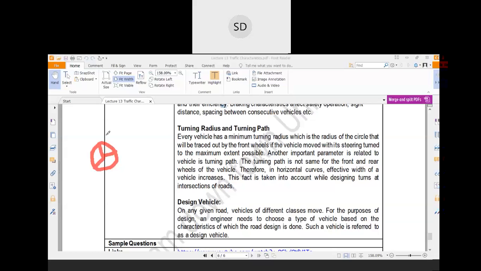Suppose you turn the wheel in the clockwise or anti-clockwise direction to the maximum limit. What will happen in that case? The vehicle will start moving in a rounded path. If the vehicle moves in a rounded path, the total path is called the turning path and the radius of the path is called the turning radius.